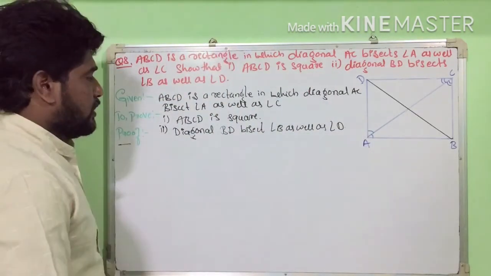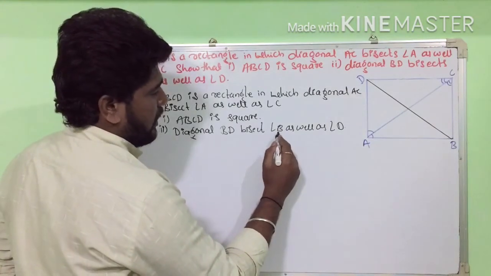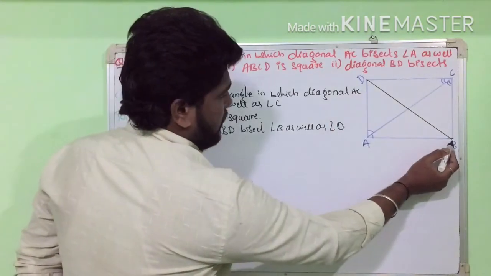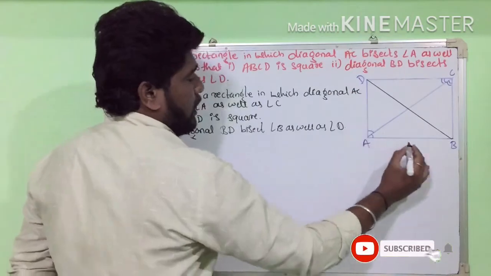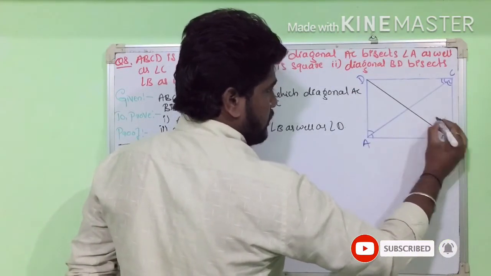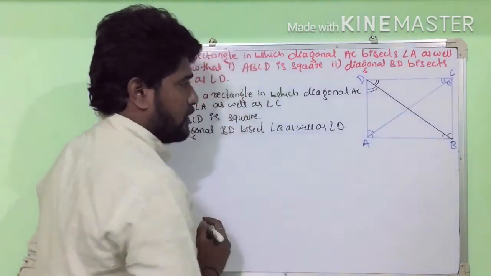Is it clear? Friends, the second one we have to prove here. The diagonal BD bisects angle B as well as angle D. We want to prove here. Bisect means here these two angles are equal and here these two angles are equal, right?